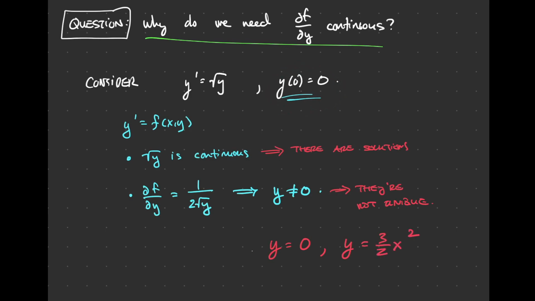That's equal to 0 at y equals 0. And is this equal to its own square root? Well, maybe not, but something equally easily contrived could cross through there. There are multiple solutions that exist that could satisfy y prime equals f of x, y and y of 0 equals 0.